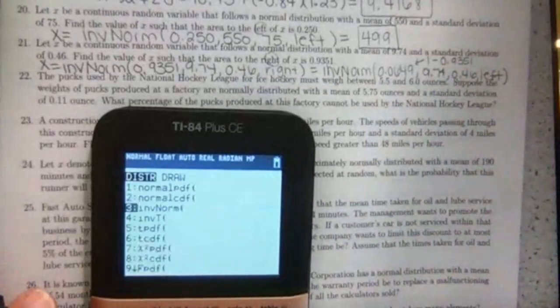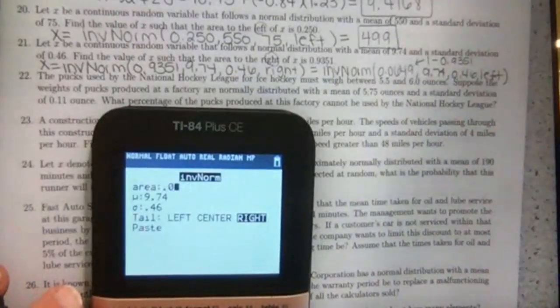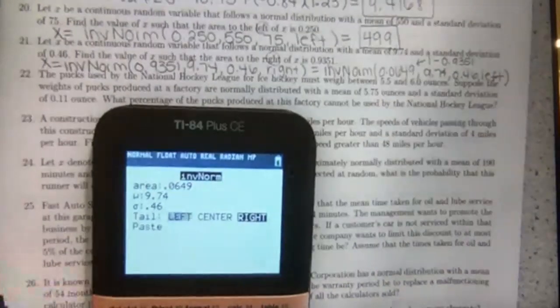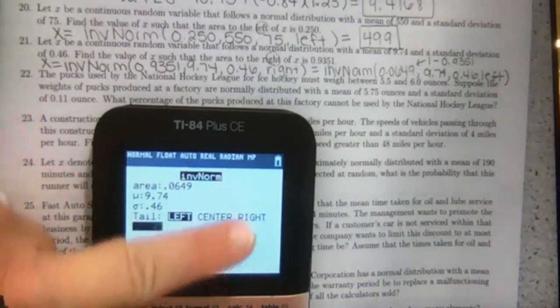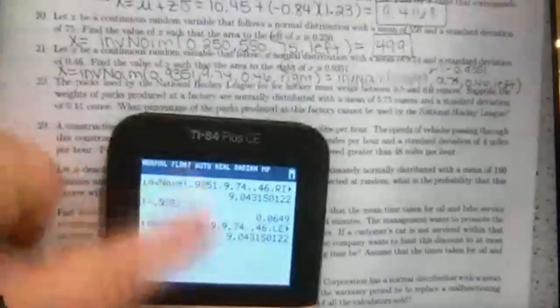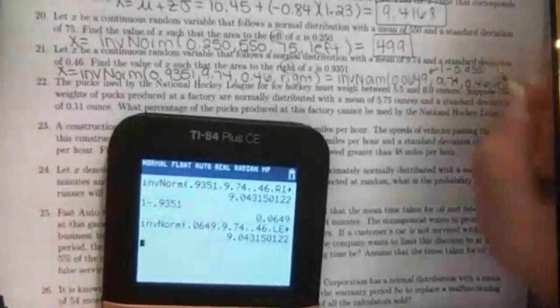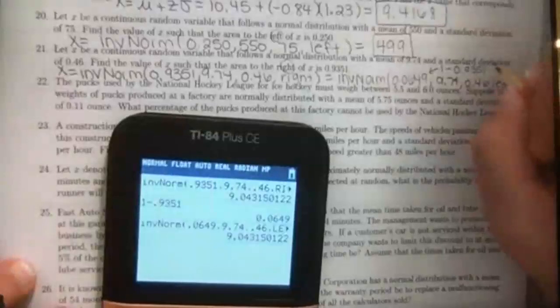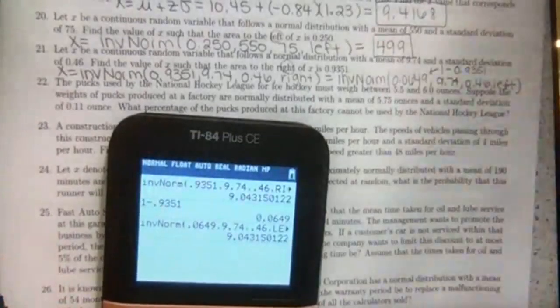So second bar's inverse norm. Area to the left is 0.0649. Mean is still 9.74. Standard deviation is still 0.46. And that would be area to the left if you don't have the option for left or right. But if you notice, it gives us the same answer either way. So our x value is 9.04.